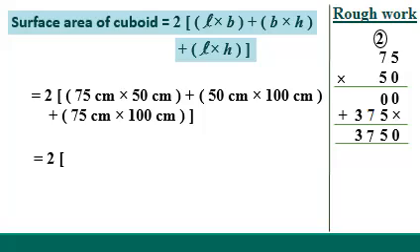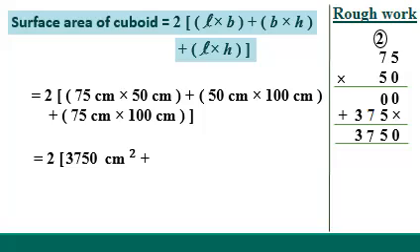We have already solved the first round bracket, in which we were supposed to find out the product of 75 and 50, and so the answer is 3750. And as centimeter is getting multiplied by itself, it is written twice over here, so we are going to write down 3750 centimeter square. The sign of addition will be written as it is.